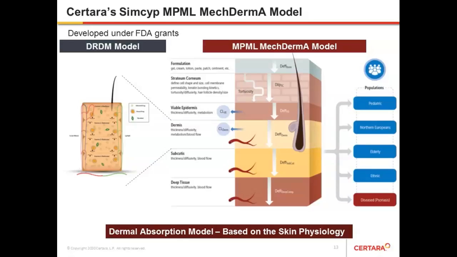The first physiological element, which describes the physiology of the skin, is obviously the stratum corneum. For the stratum corneum, what do we need? We need to be able to track the concentration of the drug as it permeates down towards the viable epidermis. There are two options for how to deal with that.